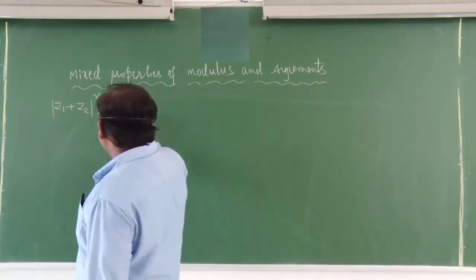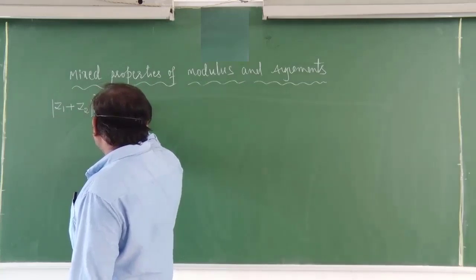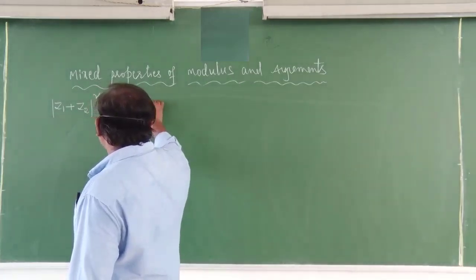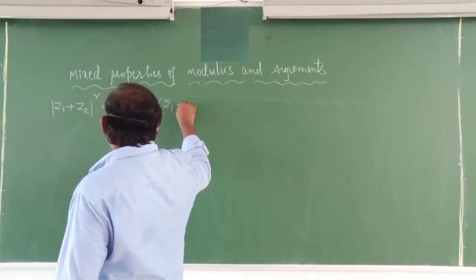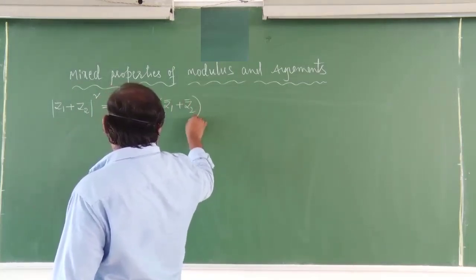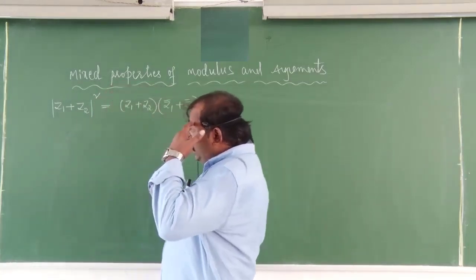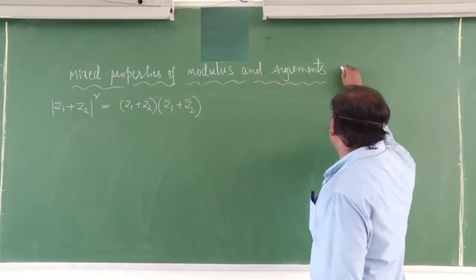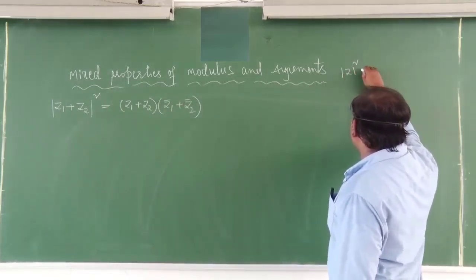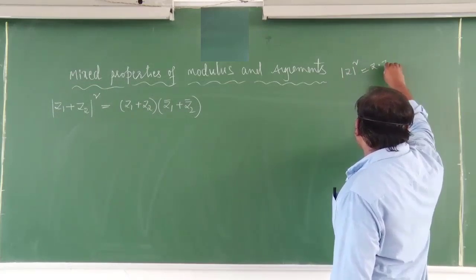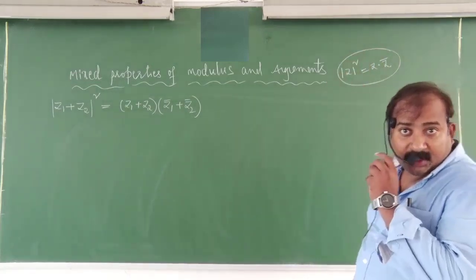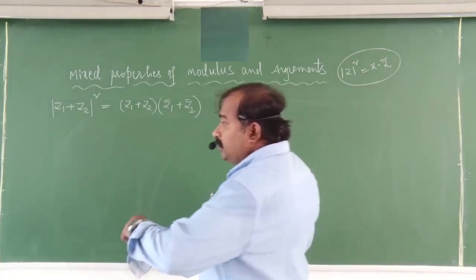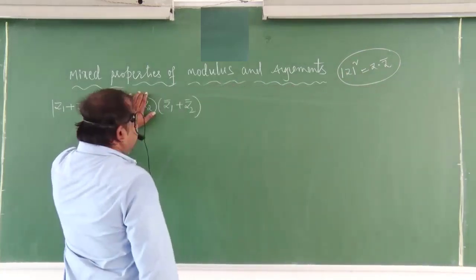Here it is: Z1 plus Z2 into Z1 bar plus Z2 bar. Indirectly, mod Z square, based on the formula, what is that value? Z into Z conjugate. Already this is given. So similarly, modulus of Z square means Z into its conjugate.